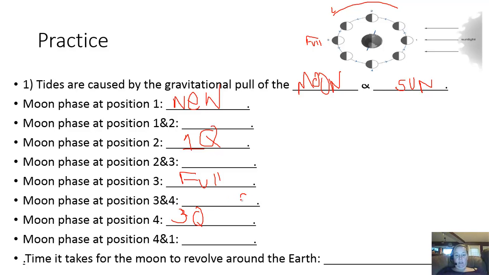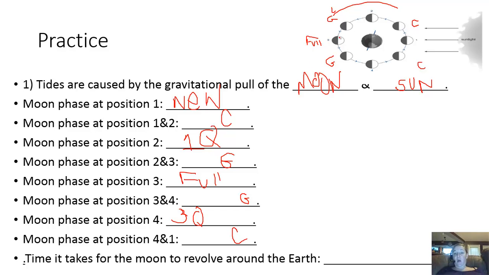This is a gibbous moon and this is a gibbous moon. This is going to be a crescent, and this is going to be a crescent. So between 1 and 2, I have a crescent moon, and between 4 and 1, I have a crescent moon. Between 2 and 3, I have a gibbous moon. And you can see how I'm sketching this out on the diagram as well.